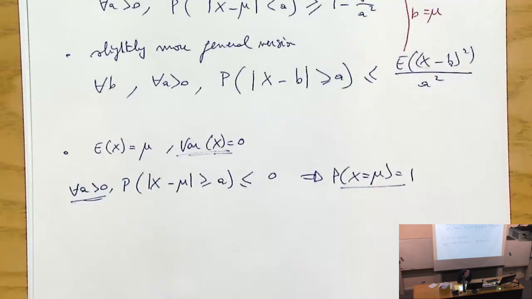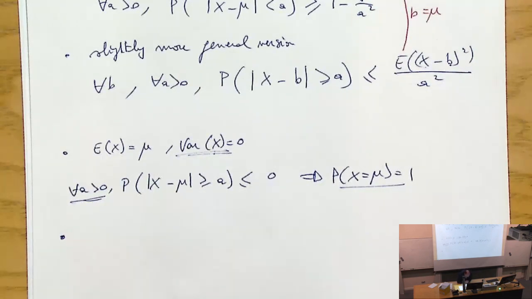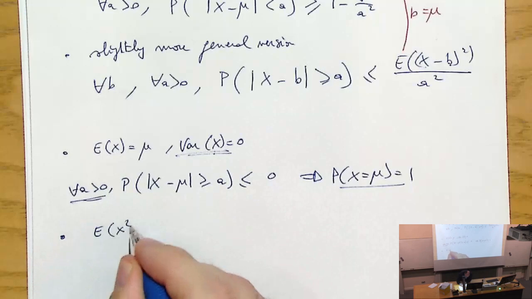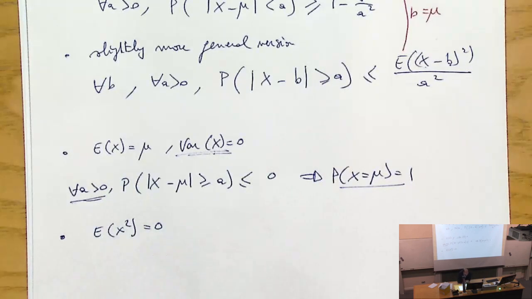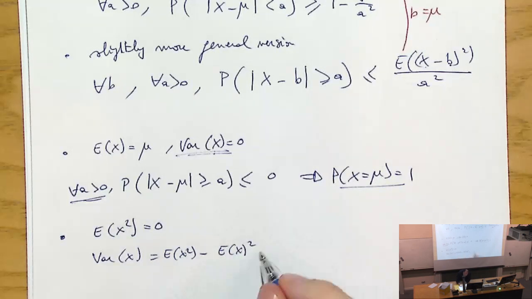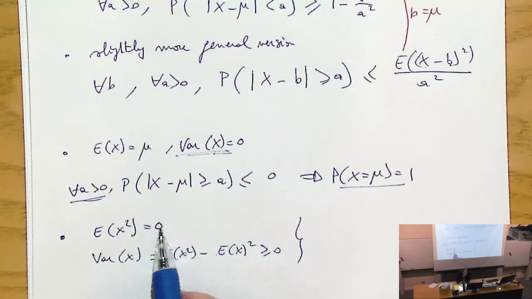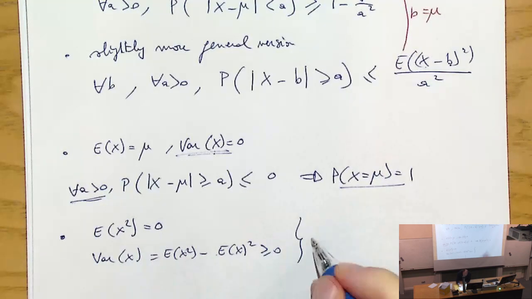If you take something similar, but say expectation of x squared is equal to 0, I'm just saying that expectation of x squared is equal to 0. Now, we know that the variance of x is expectation of x squared minus the square of the expectation, right? And this is positive or equal to 0. So because this is positive or equal to 0, and this is equal to 0, that means that expectation of x has to be equal to 0.